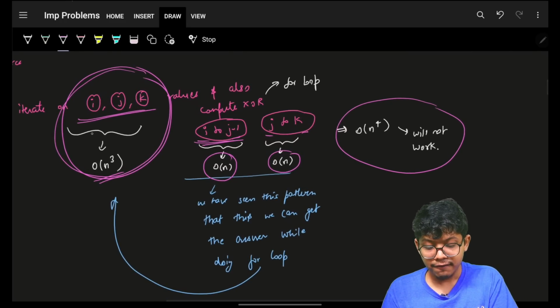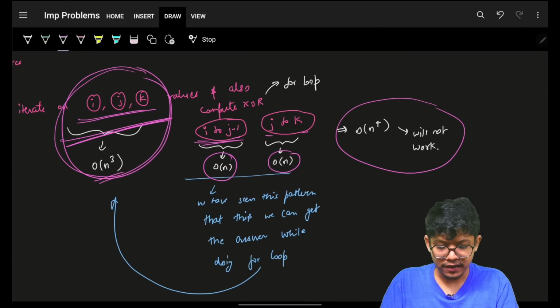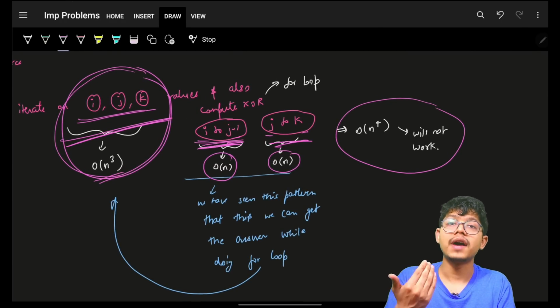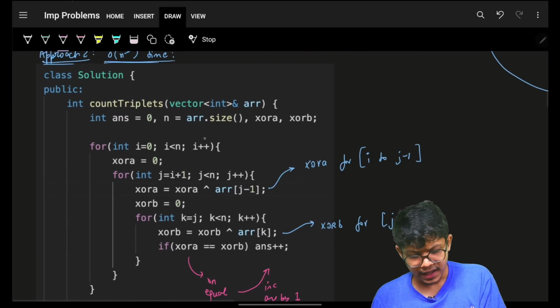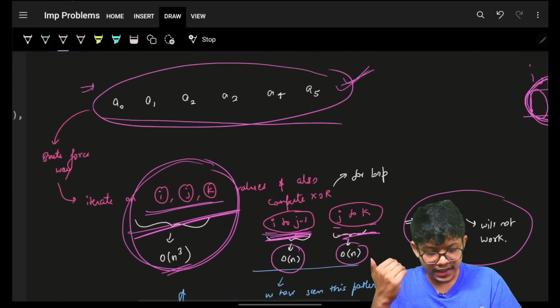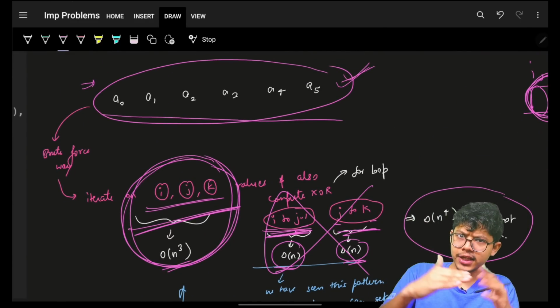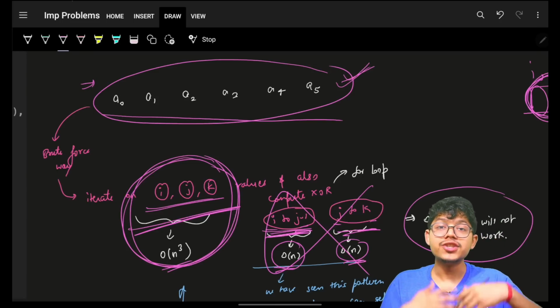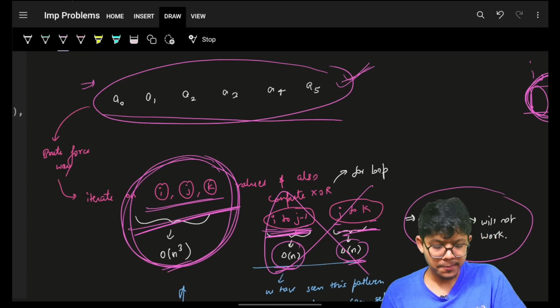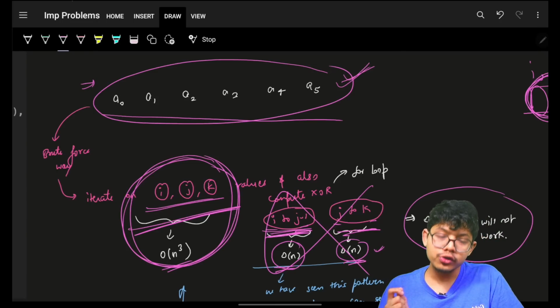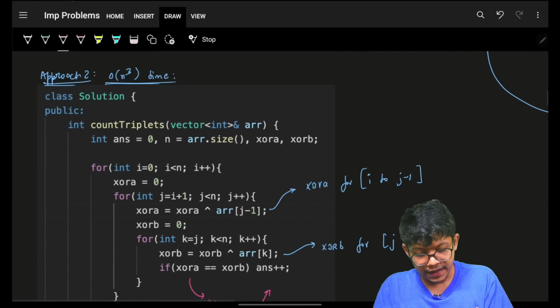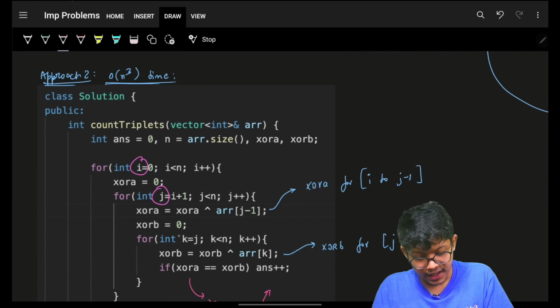In this case, while generating my for loops itself, I can compute these XOR values. How? Simple. I'm just showing you now that I don't need to compute the XOR separately. While generating my i, j, k loops, or basically by generating all the subarrays, I will ultimately also find my XOR. How? I will take i, j, and k.